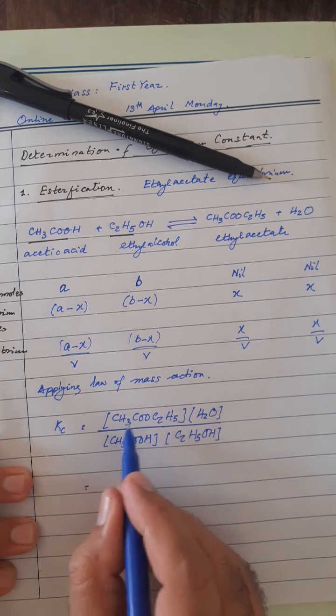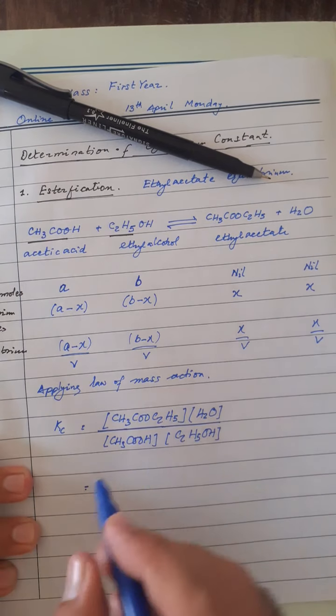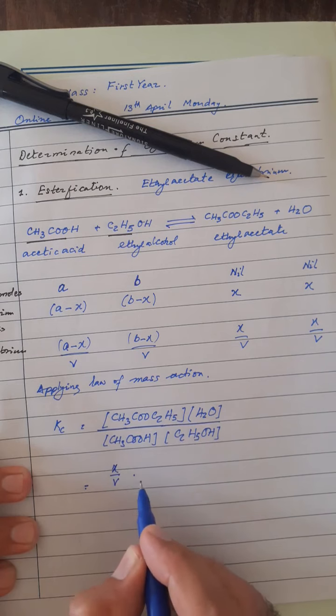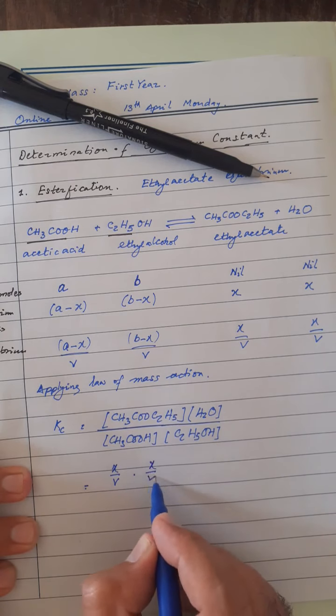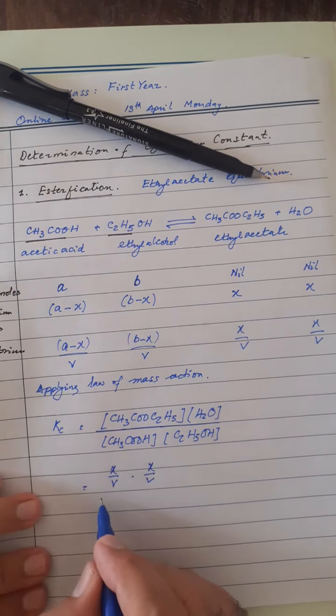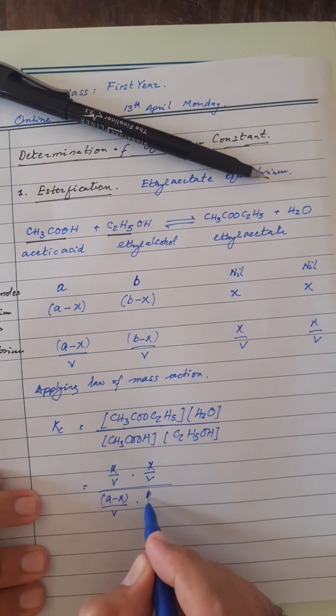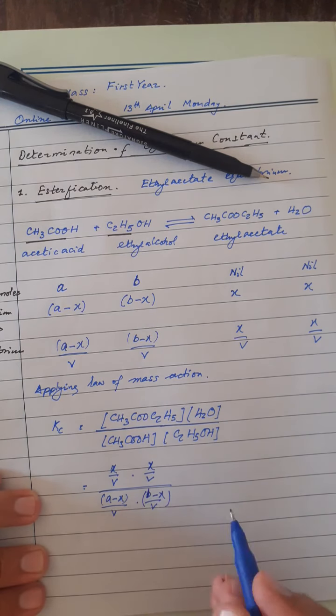Now, here the values will come into play. So it's going to be X upon V for ester, X upon V for water, and A minus X upon V for acetic acid, B minus X upon V for the alcohol.